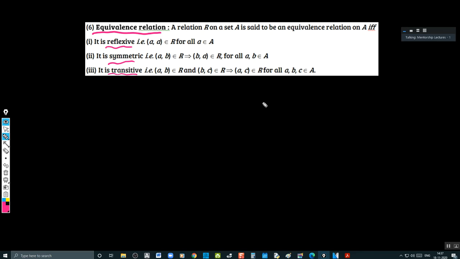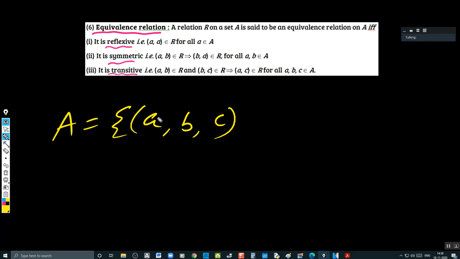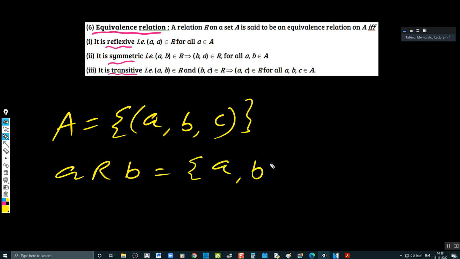If a relation becomes reflexive, what is the meaning of reflexive? (a, a) belongs to R for all a belonging to A. For example, if I take A equal to {a, b, c} and I define aRb as something, say (a, b).